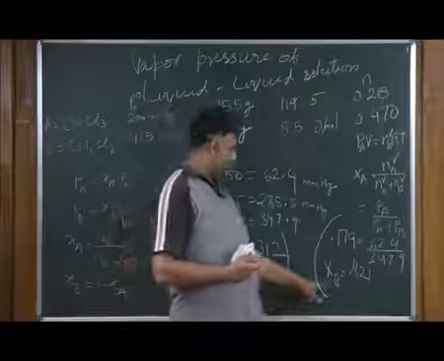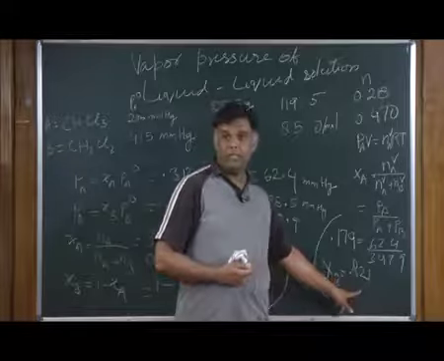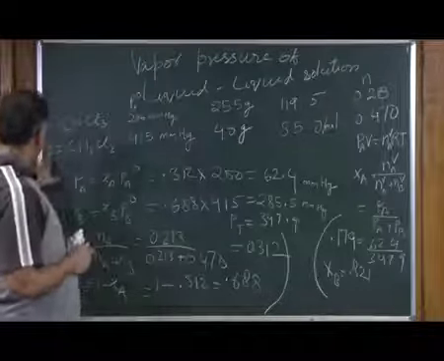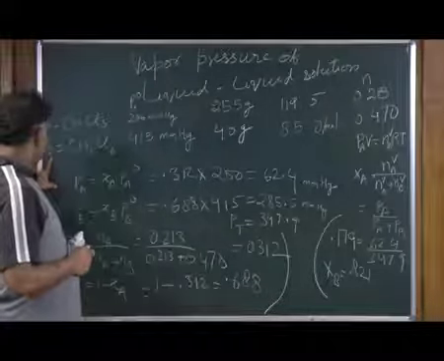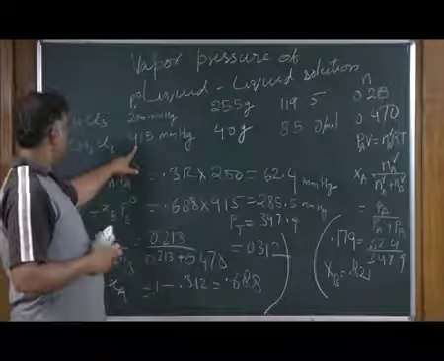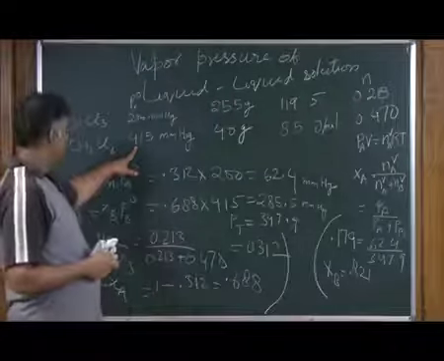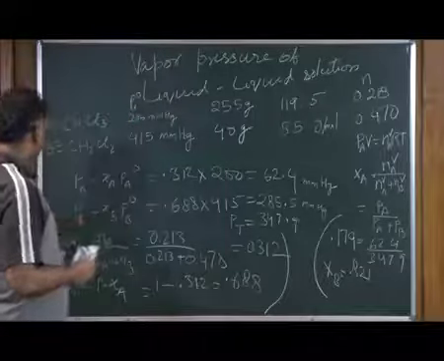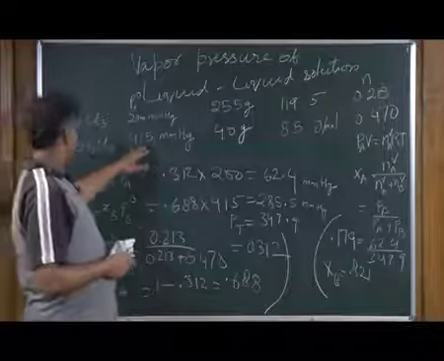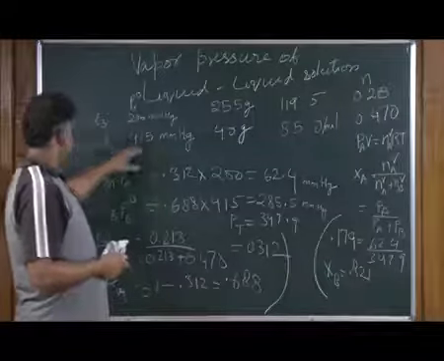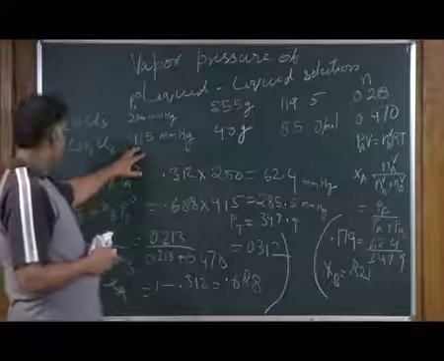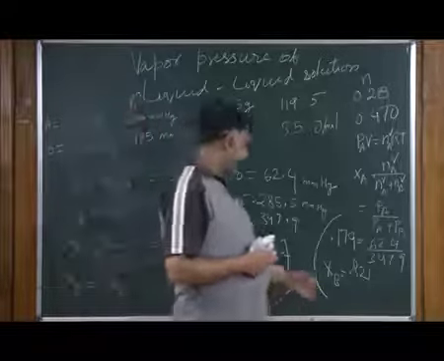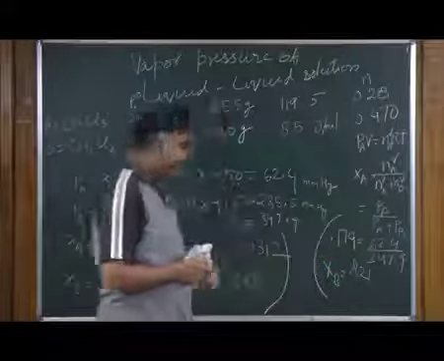Now, the mole fraction of B in vapor phase has become 0.821, and that has something to do with the volatility. B has a higher vapor pressure, which means it has a higher tendency to go into vapor phase. It has a higher volatility. So, it is a more volatile compound than A, and it is going to be richer in vapor phase than A. Okay.